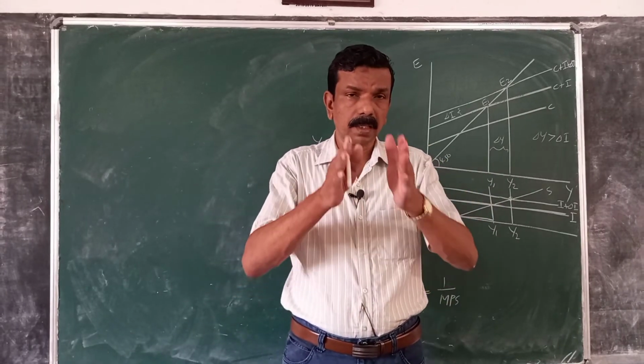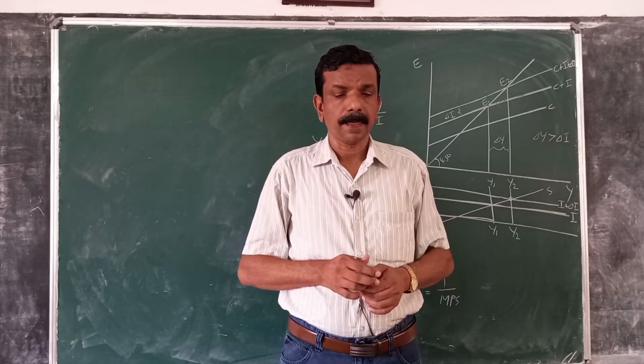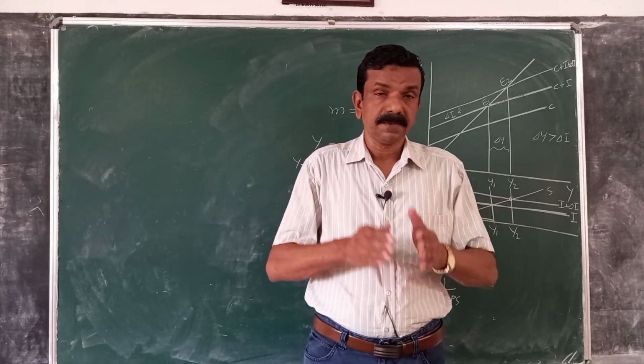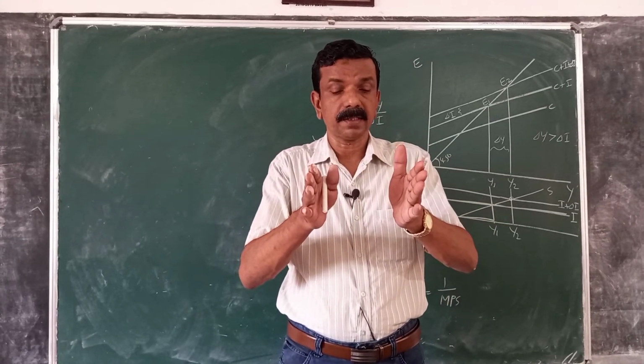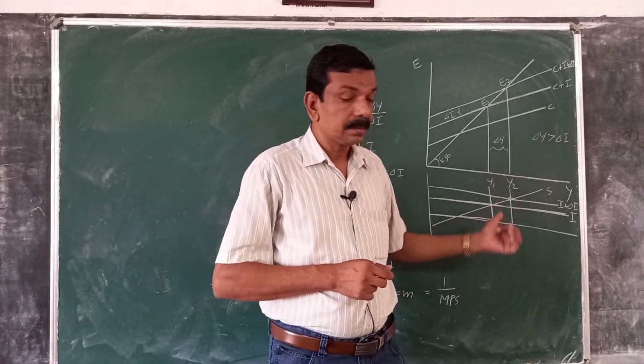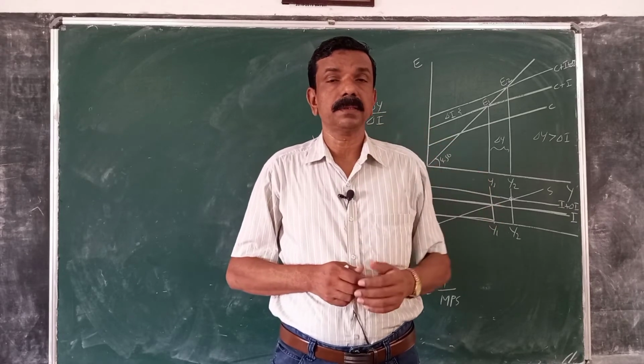The value of this multiple is known as the multiplier, and represents the number by which the shift in the aggregate spending function must be multiplied to determine the change in the level of income and output required to establish the new equilibrium.